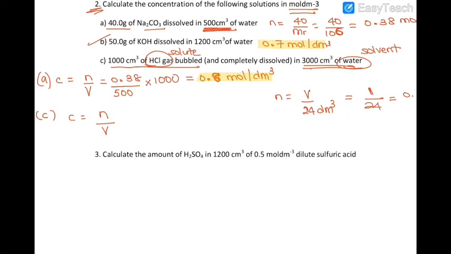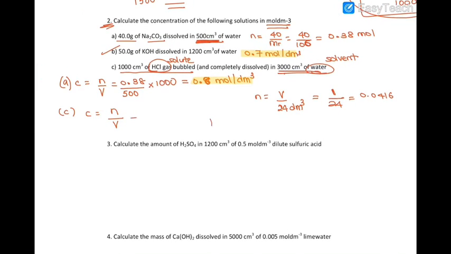So the concentration would be number of moles divided by the volume of the solvent, which is 3000, and then divide by 1000, so multiply by 1000. That gives you a concentration of 0.013 mole per dm cube. That should be the answer for the third question.